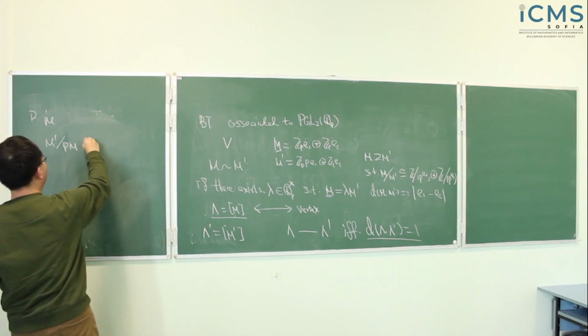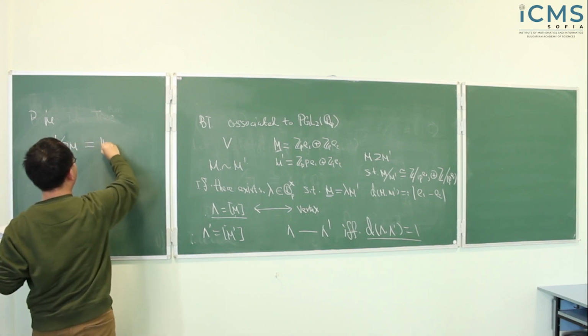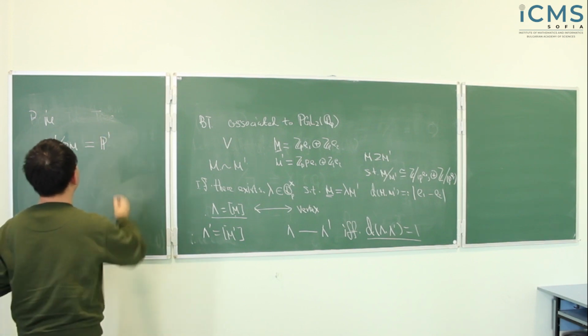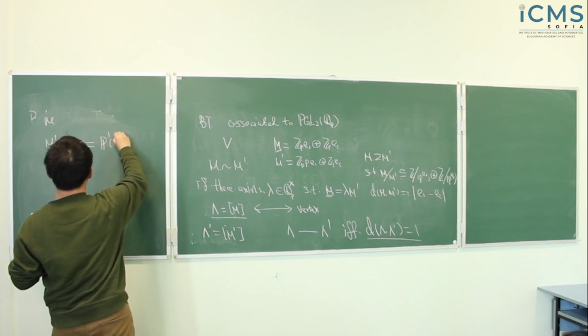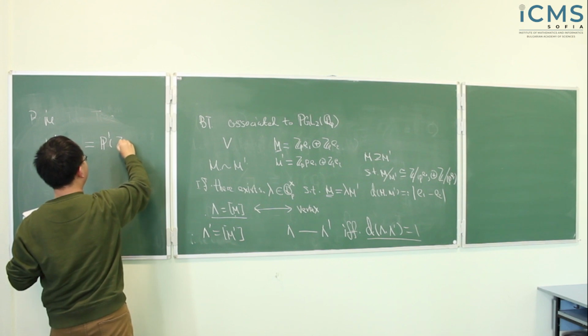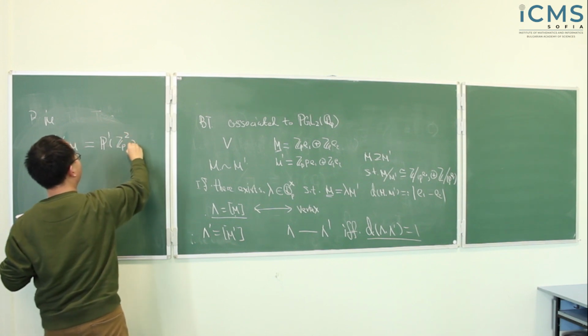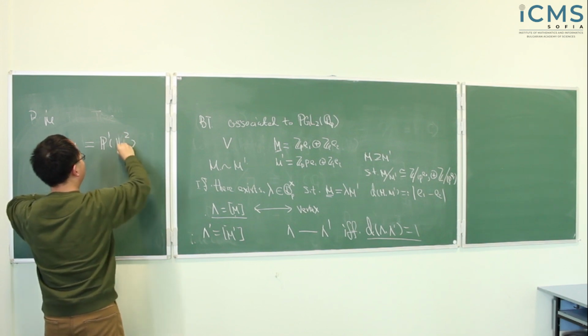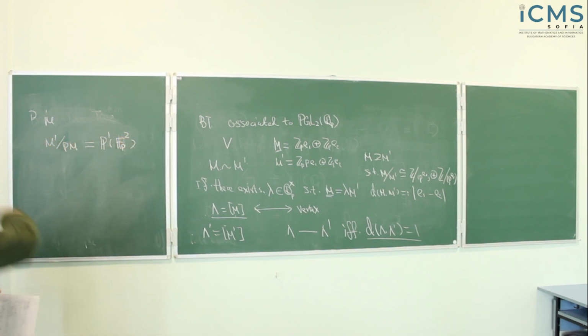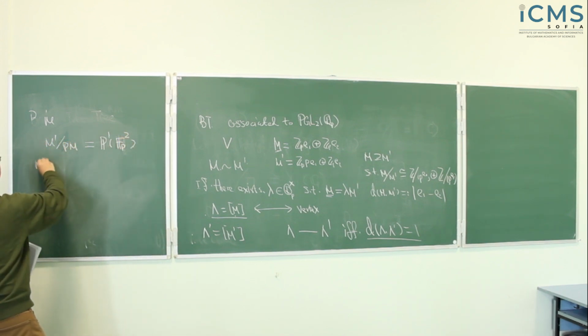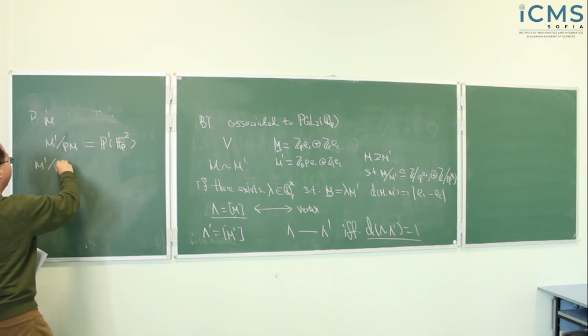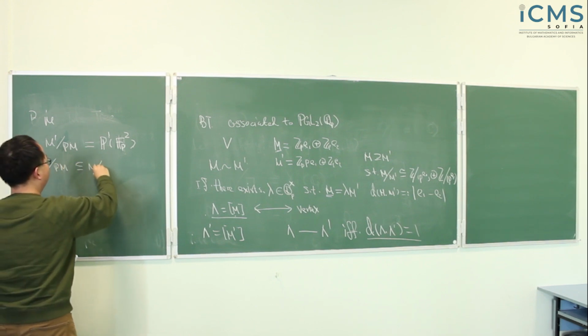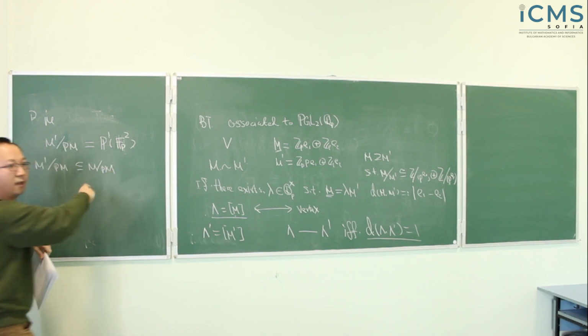But this is one-to-one corresponding to the P1 of FP squared. Oh, sorry, here it should be FP squared, because this is contained inside M modulo P, and M is rank 2.